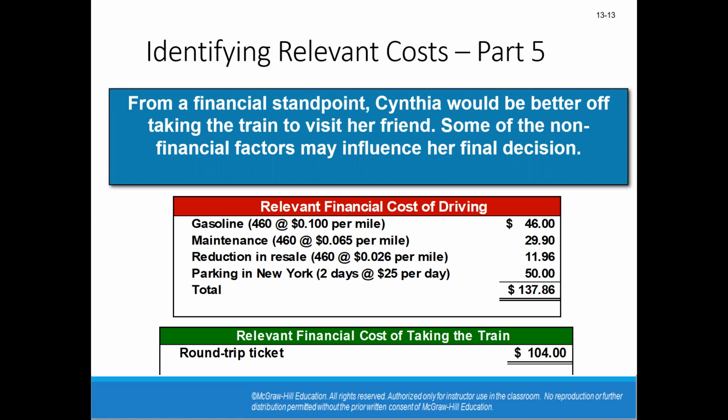So the total relevant cost of gas, maintenance, reduction in resale and parking in New York is $137.86. The cost of the train ticket is $104. Got it? Two alternatives. You have to look at the relevant costs based on the alternatives. Okay.